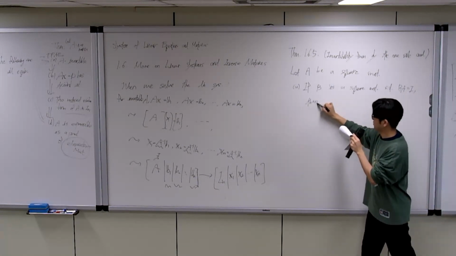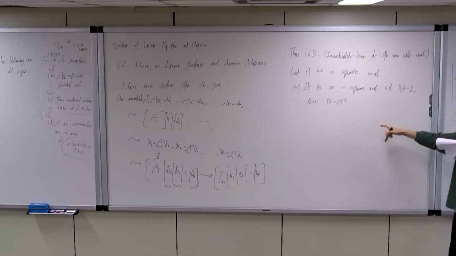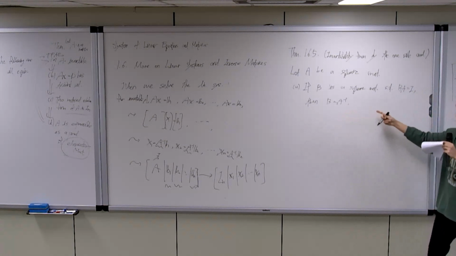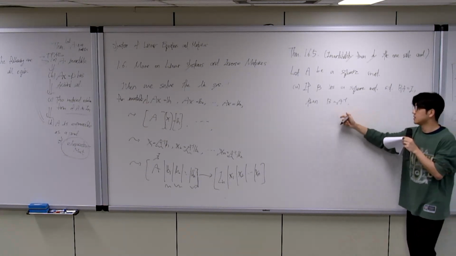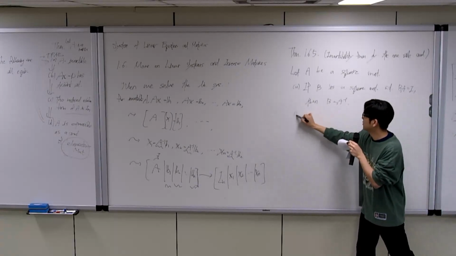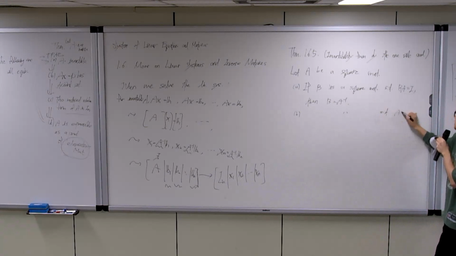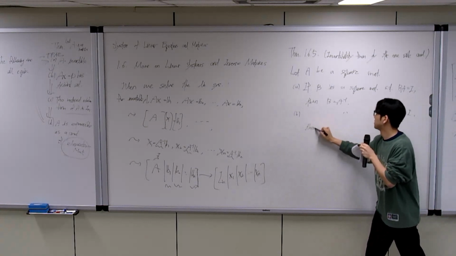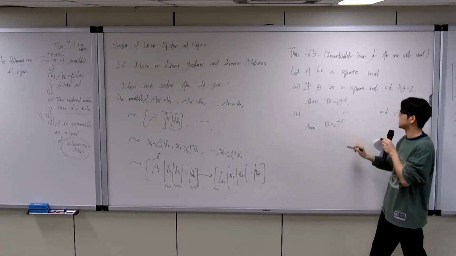Then B is equal to A inverse. It means B is invertible and the inverse matrix is the same as A. Also, we might consider the changed case, which gives the same result.